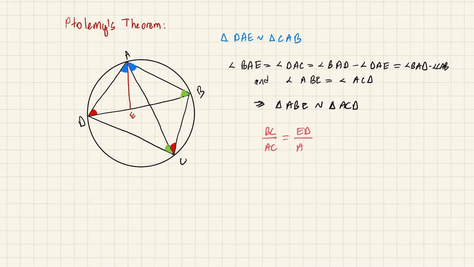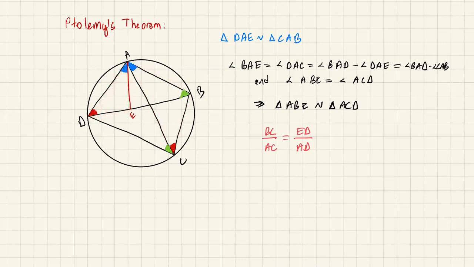Okay, so let's go ahead and see again. This BC divided by AC is equal to ED, which is this one, divided by AD. So we are using the first smaller pair of triangles, comparing this triangle with this triangle, but we are not using all three sides.